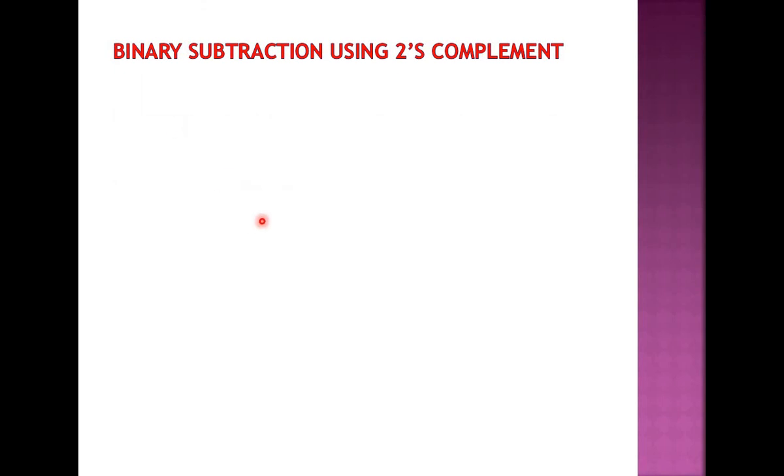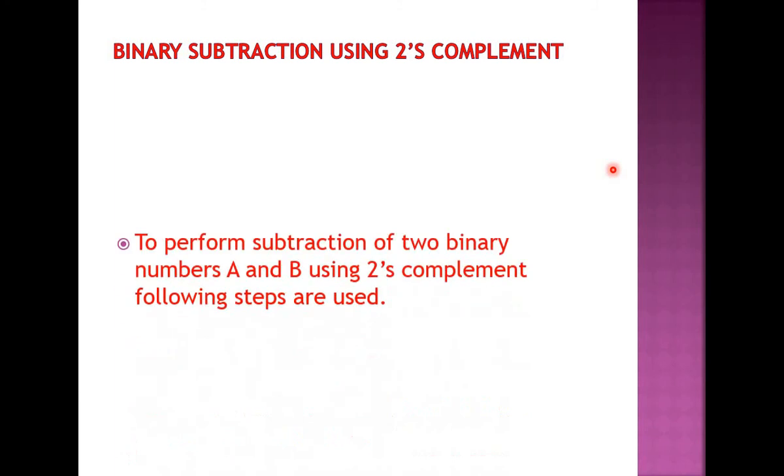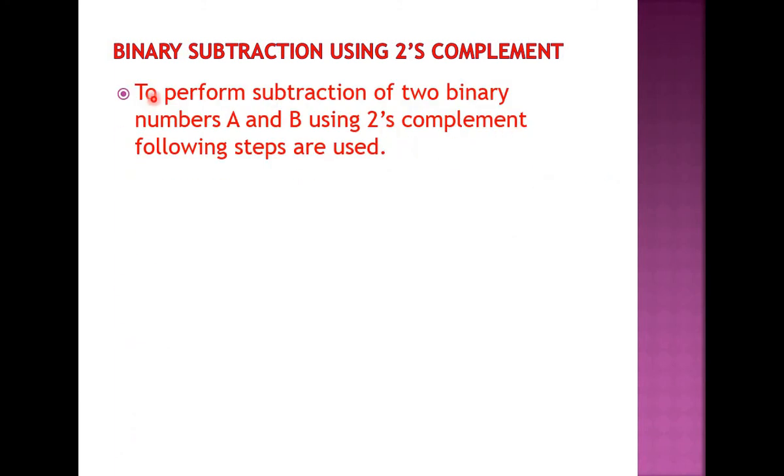Now we have to perform binary subtraction using 2's complement. To perform subtraction of two binary numbers A and B using 2's complement, we follow these steps.